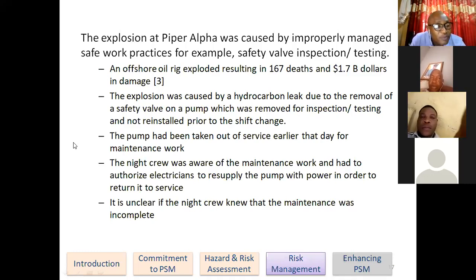Was removed. And there was no record in place that the safety valve had been removed. The night crew just took the pump and went to install it, not knowing that the safety valve had been removed. And when they were working, the hydrocarbon leaked and it caused the explosion.